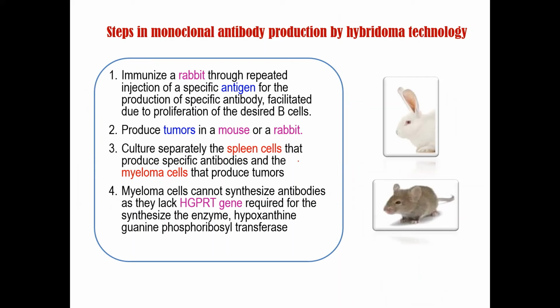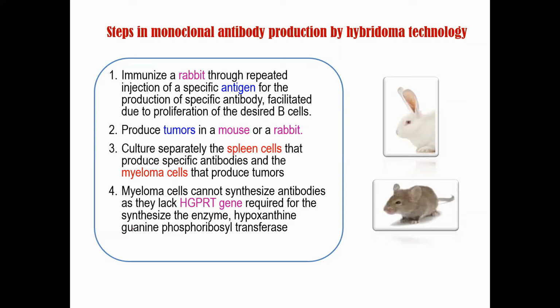But how are you going to select the right fused hybridoma cells? That is the whole strategy for which they got the Nobel Prize. Please pay attention, because I think I won't have time to put in the video, so you are supposed to watch it. It's a very simple video where you can understand the whole process of selection, because it is quite confusing.